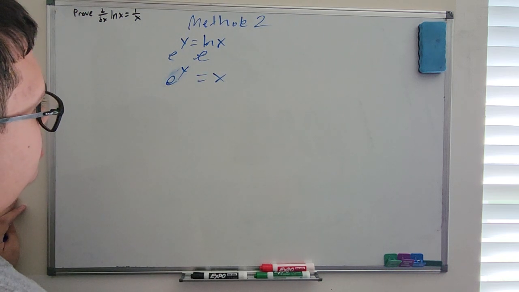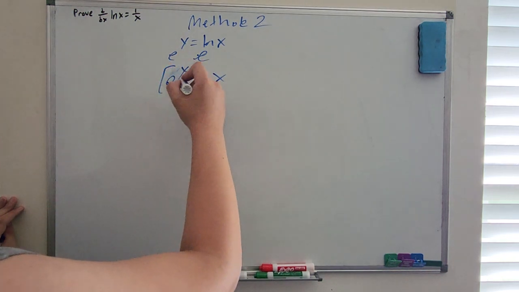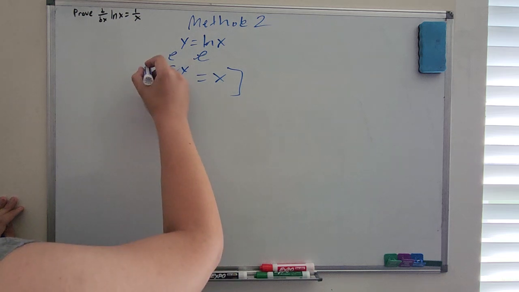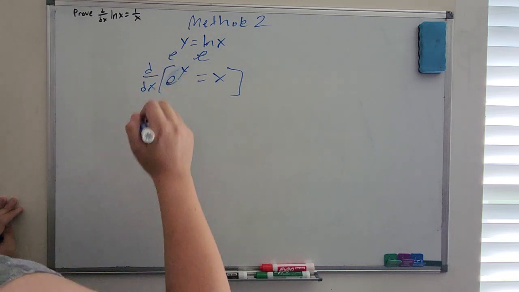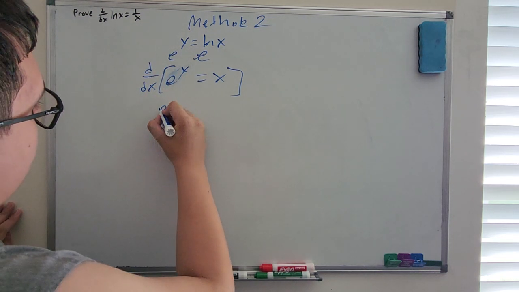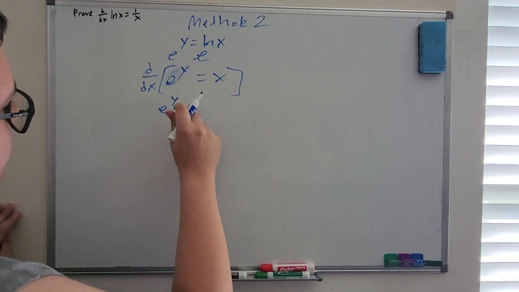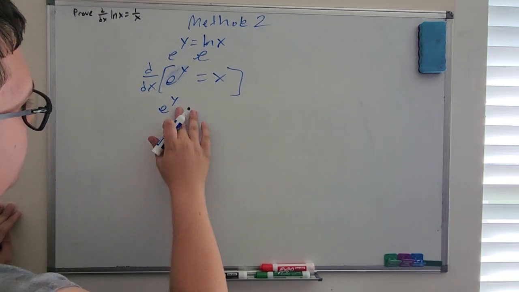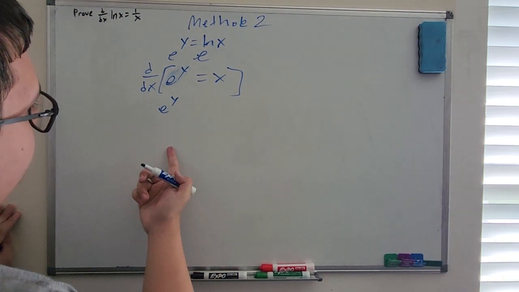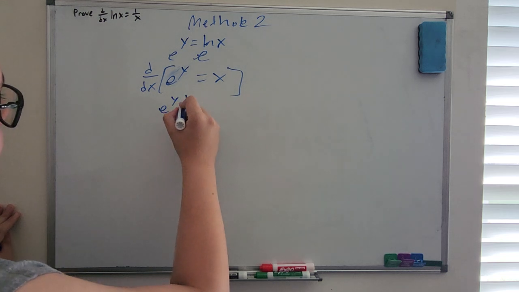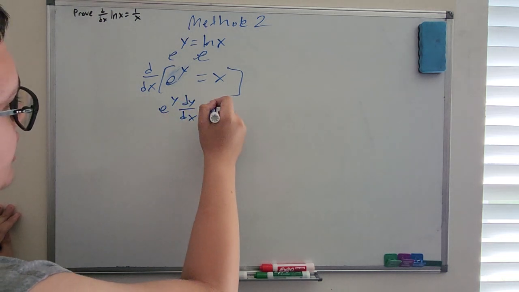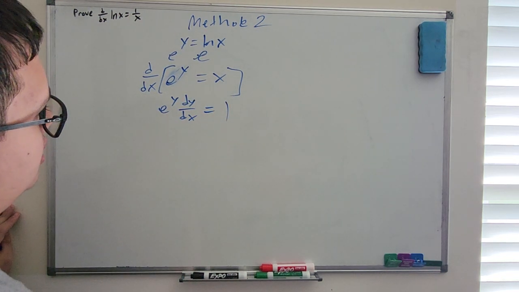Then what we can do is bracket everything here and implicitly differentiate it. e to the y, and then we have to put dy/dx because we're differentiating with respect to x, so obviously chain rule, and then x will just be 1, right?